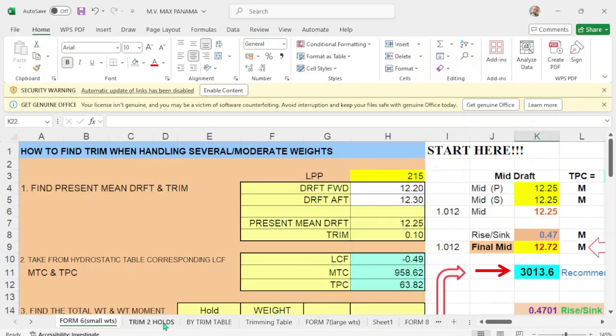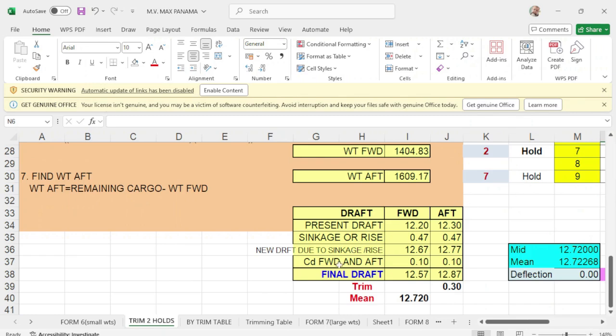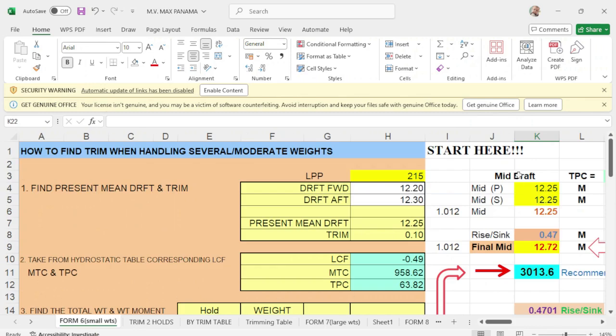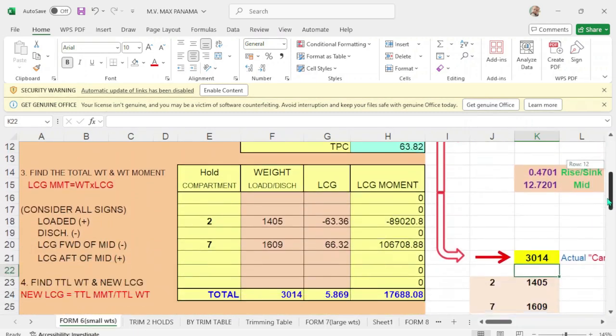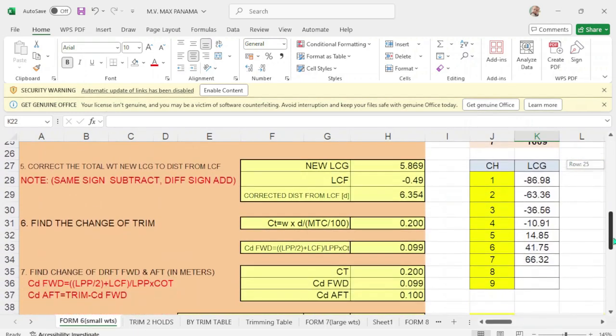Change of drop forward. The formula will be LPP over 2 plus LCF over LPP times change of trim. The answer will be 10 centimeters here.